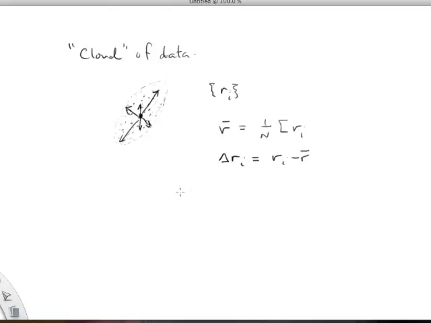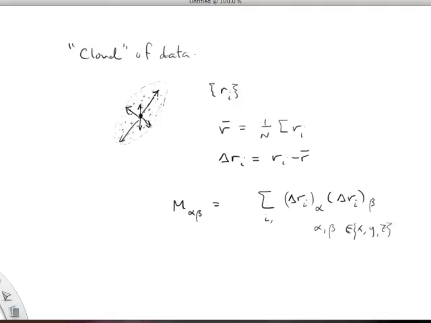Well, it turns out to be a good idea to construct the following object, a matrix which is something like the sum over the different particles of the alpha-th component of the deviation of the i-th particle times the beta-th component. In other words, alpha and beta are chosen from among x, y, and z.